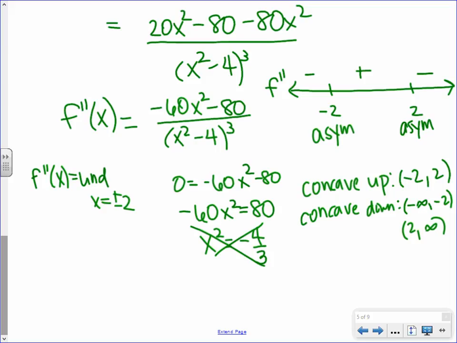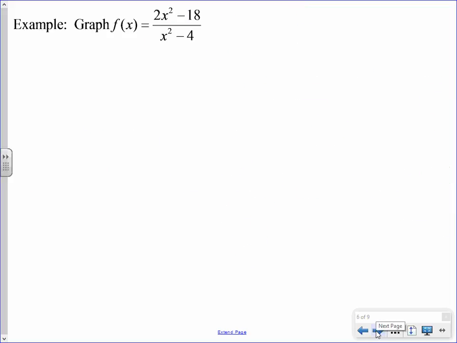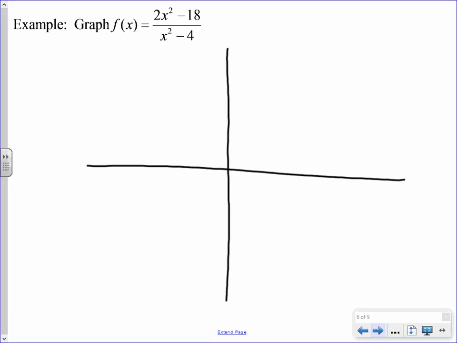Put it together. You have all of the calculus in front of you, so help me out. If you have asymptotes, I would draw those in first.